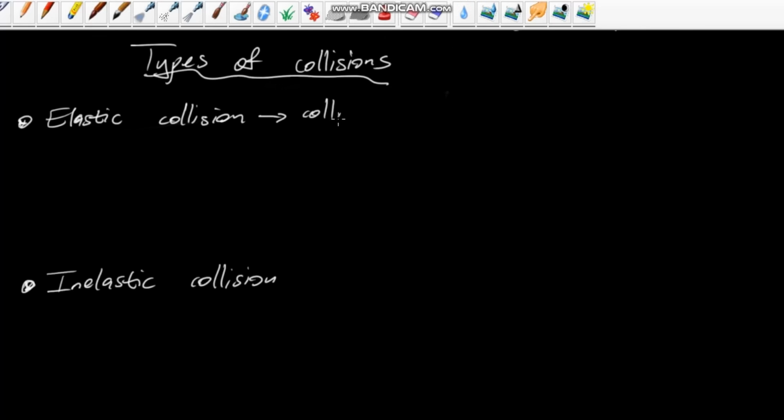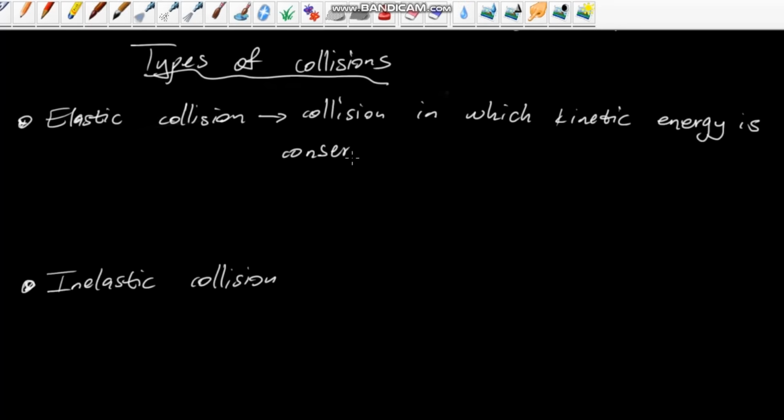So an elastic collision is a collision in which kinetic energy is conserved. This means the sum of kinetic energy before is equal to the sum of the kinetic energy after.